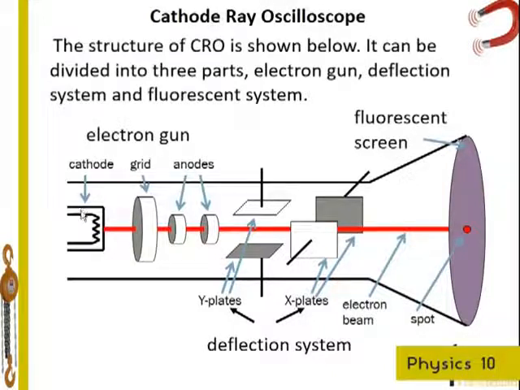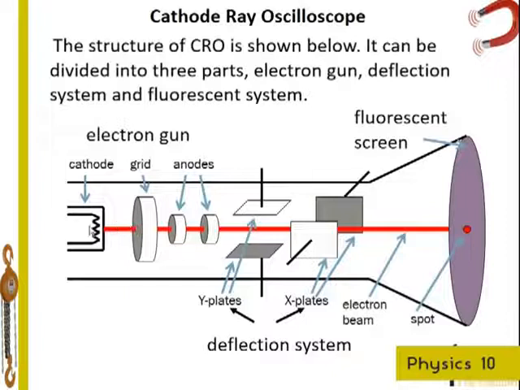You can see that the cathode consists of a filament, a heated filament, encased in a metal. And what happens is that the heated filament causes the metal casing to become red hot. And as a result of it becoming very hot, the casing emits electrons through thermionic emission.